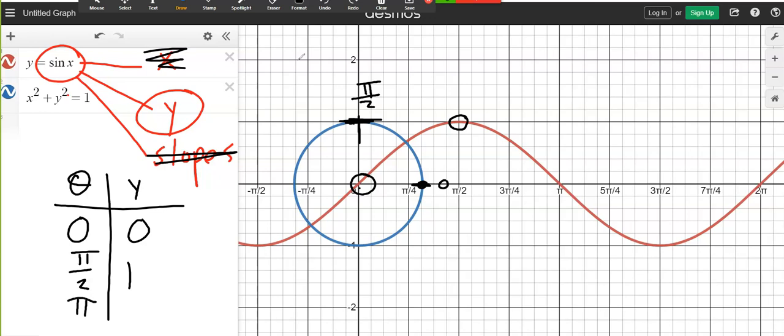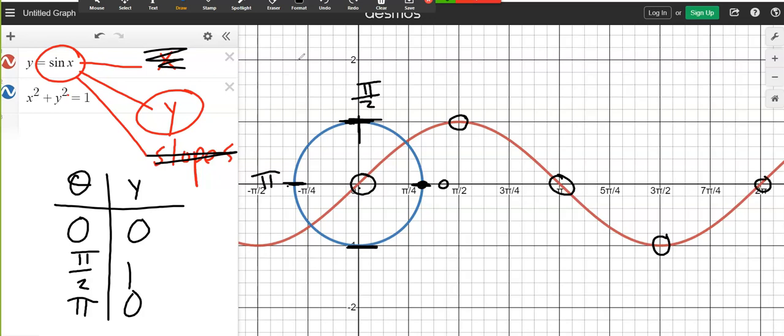What happens when I get to pi on the circle? The y value is 0, back to 0. If I continue this process, 3 pi over 2 would give me negative 1. 2 pi would give me back to 0.